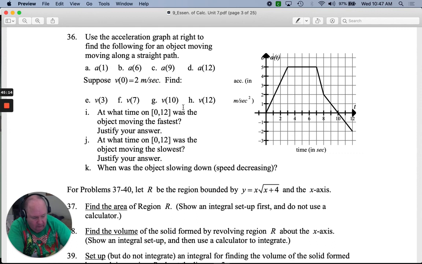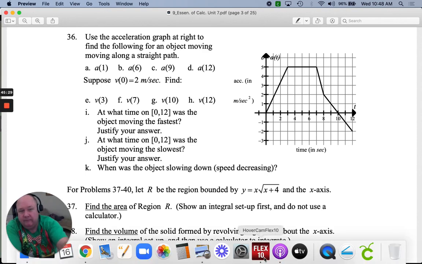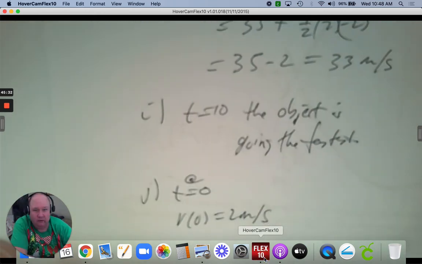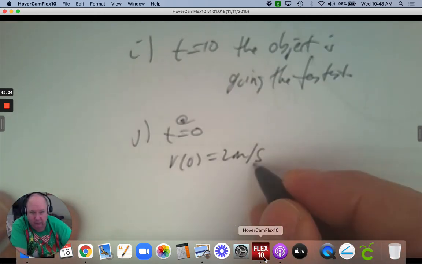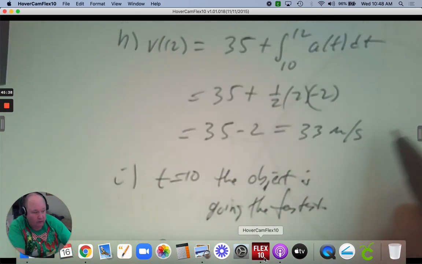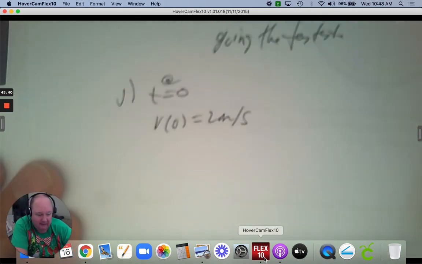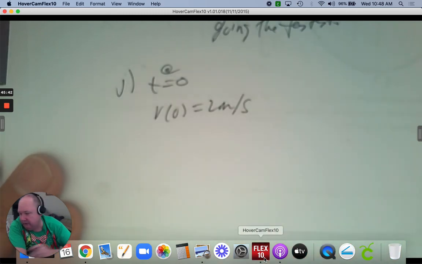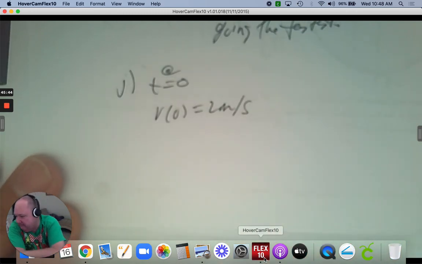So at t equals 0, the speed at the beginning was 2 meters per second. And then at the end, at 12, it was going 33 meters per second. So obviously at the very beginning it was going the slowest. It was going 2 meters per second. At the very end, even though it slowed down, it still was going 33 meters per second. So the slowest was at the very beginning at 2 meters per second.